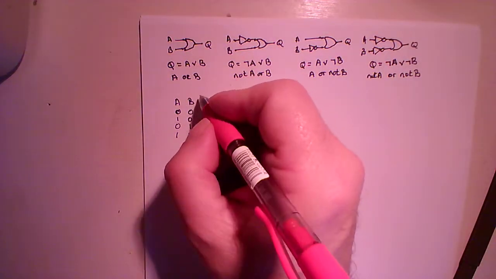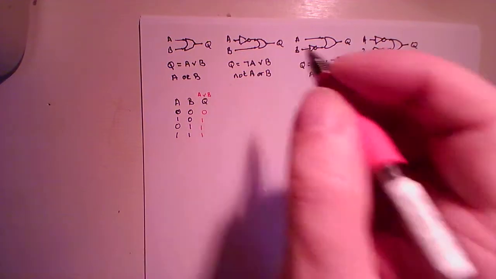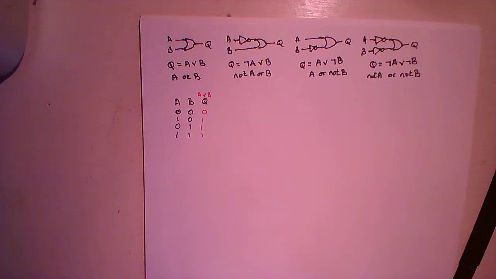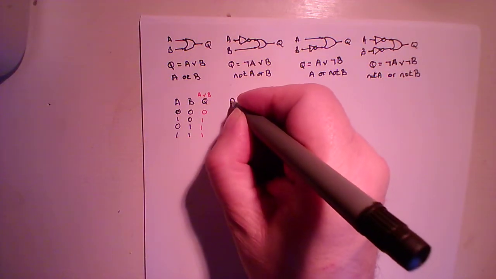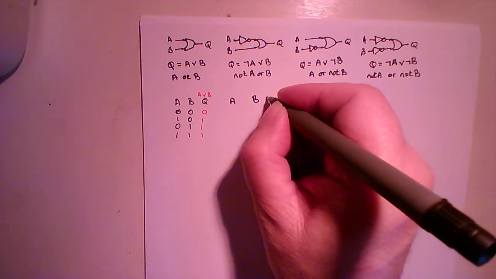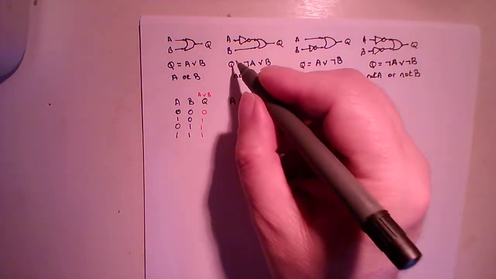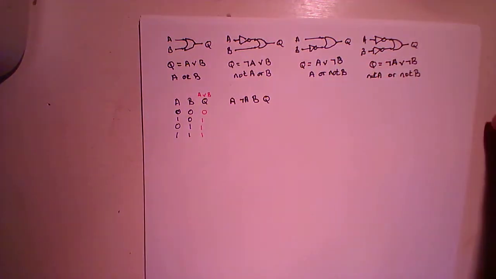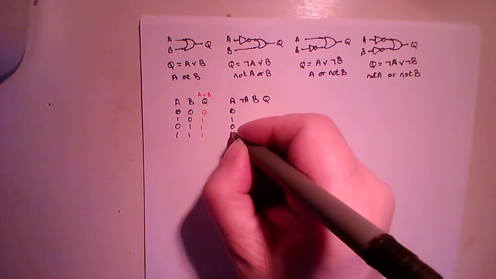And if you remember, instead of putting Q, we could just write what the actual thing we're working on is. This one's going to be A or B. I'm just leaving a bit of a gap there because I'm going to do the not A. So A was 0, 1, 0, 1.